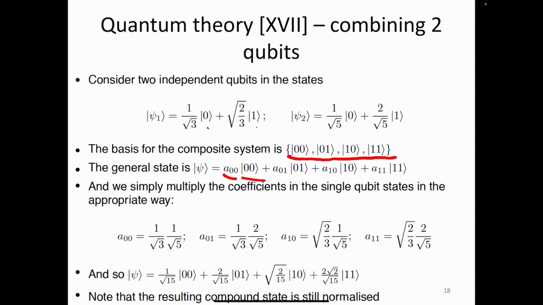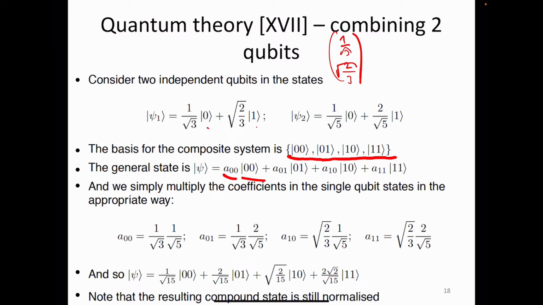So if we look at what we just did before, let me write that down here on the top. For the first state we have 1 over the square root of 3, and for the second one the square root of 2/3.